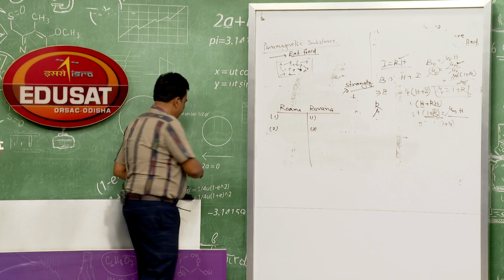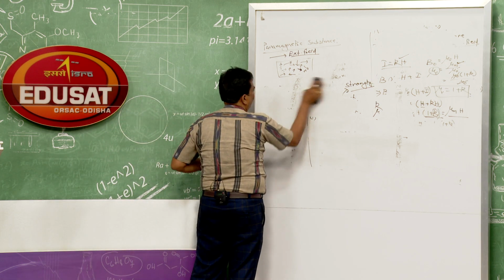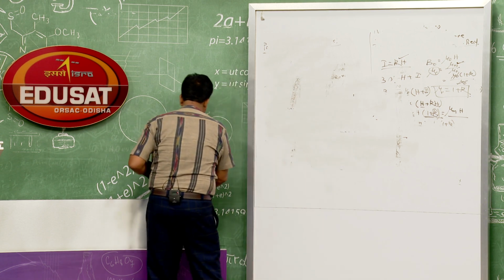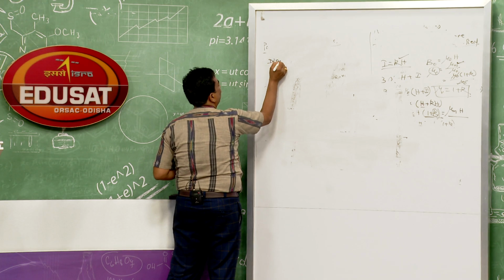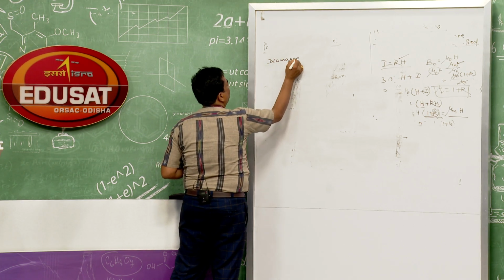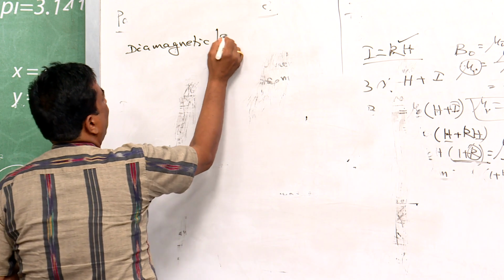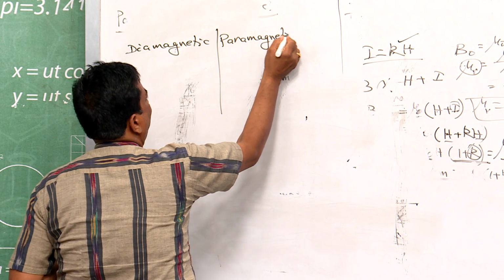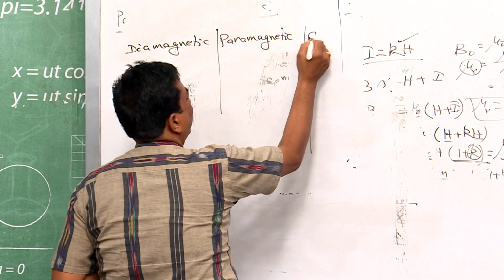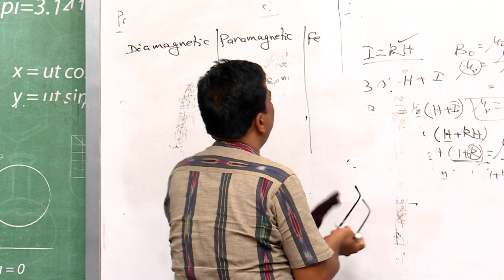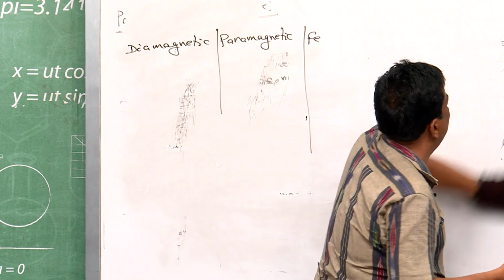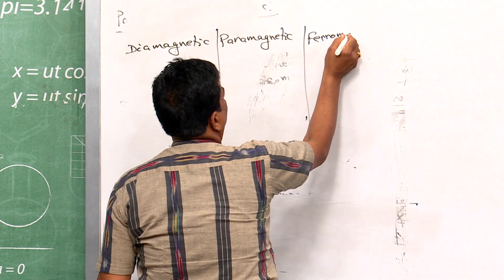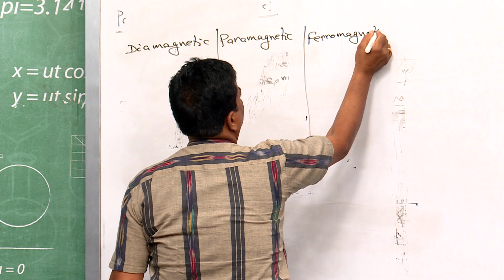Now, if the question asks for the properties of diamagnetic, paramagnetic and ferromagnetic substances, we make three columns: diamagnetic, paramagnetic and ferromagnetic.